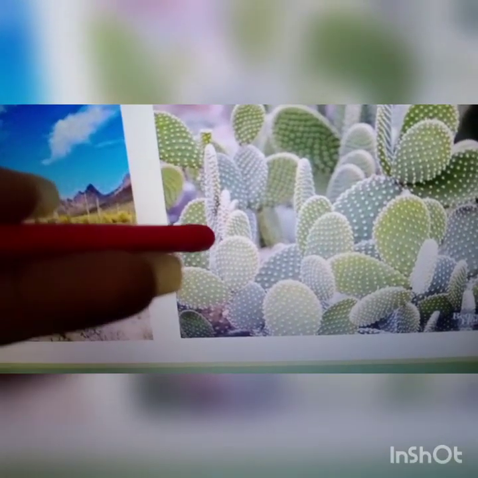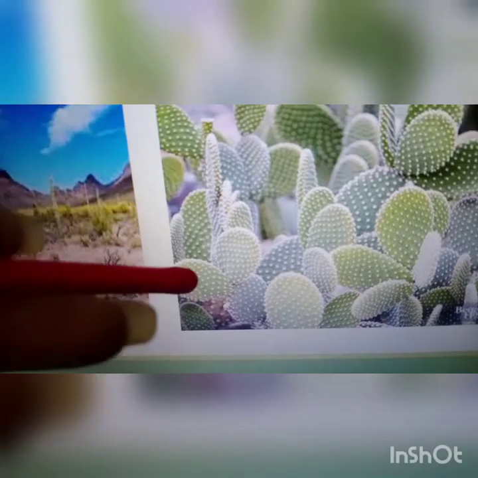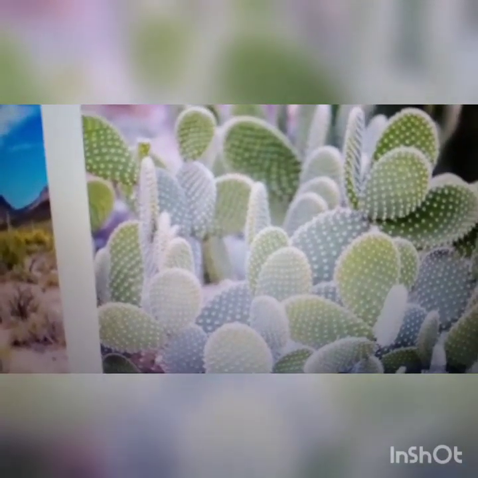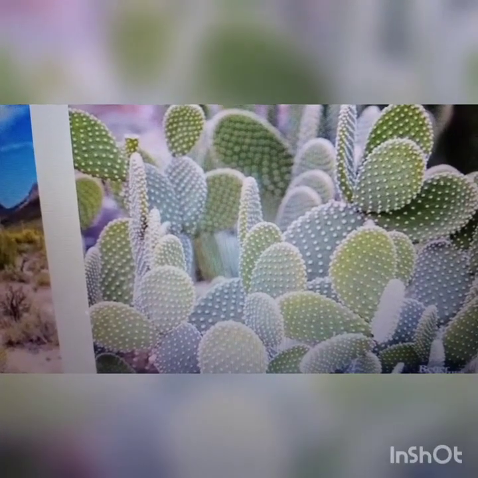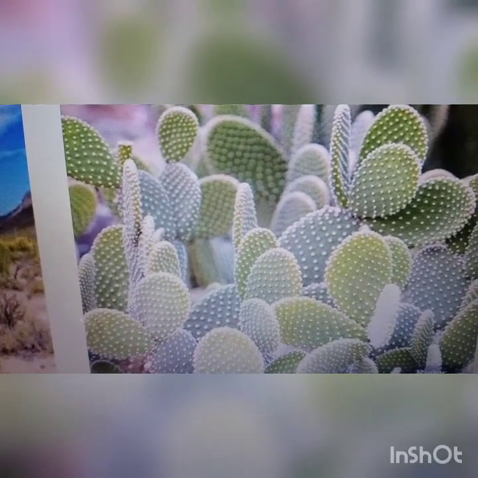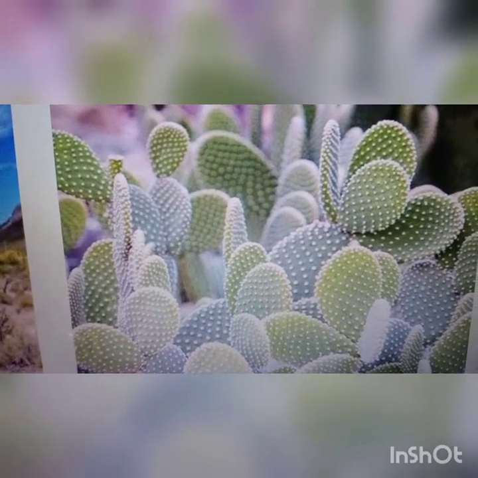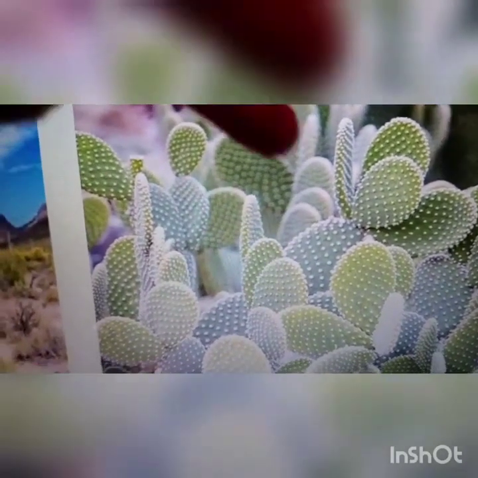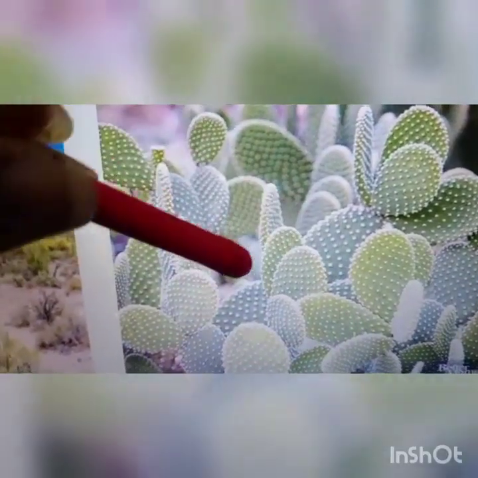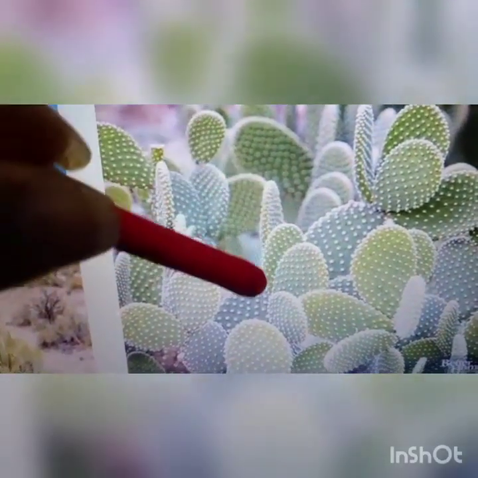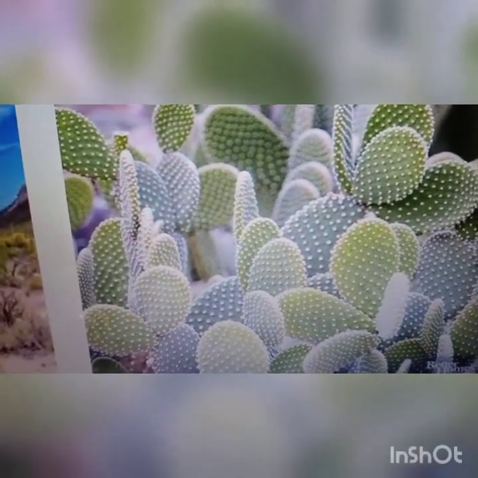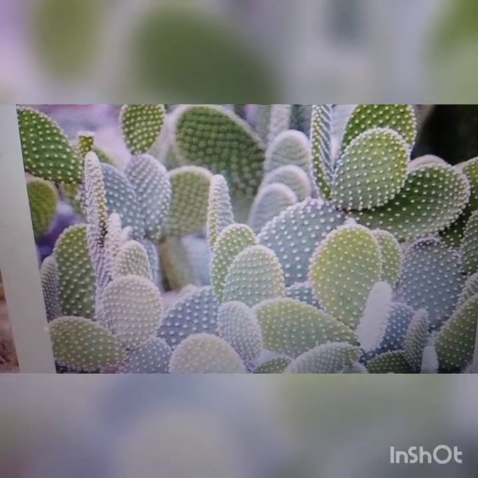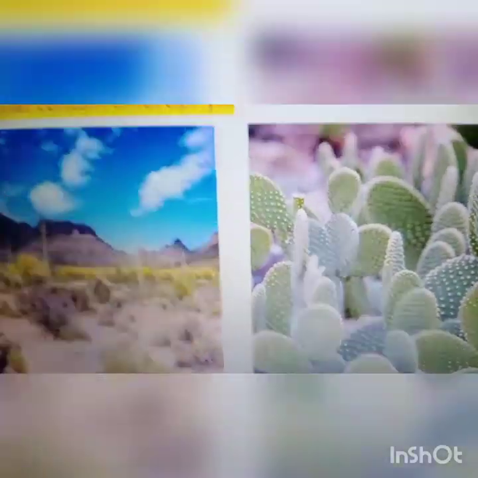These white spot-like structures that you can see in this image are actually its leaves, and these leaves get converted into spines. And this green circular structure is actually the stem of the plant, but its stem is green in color because it contains chlorophyll.